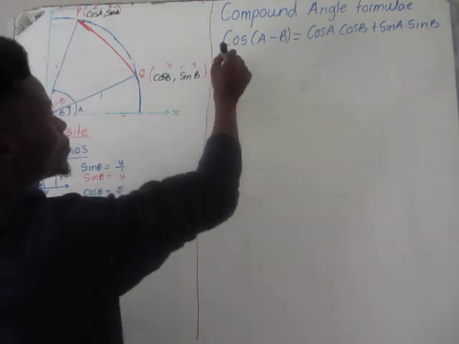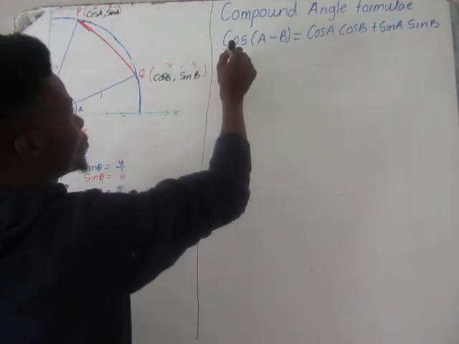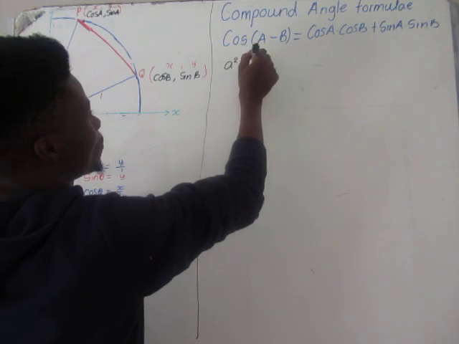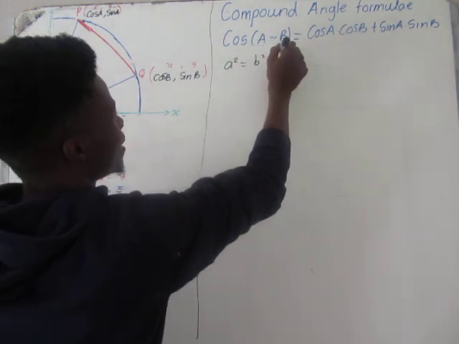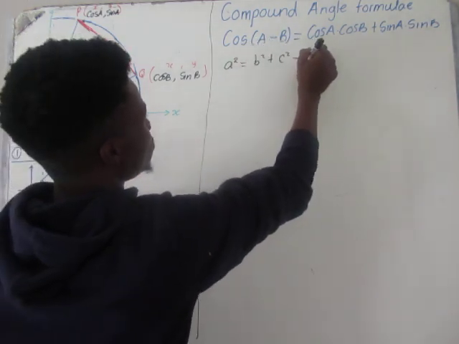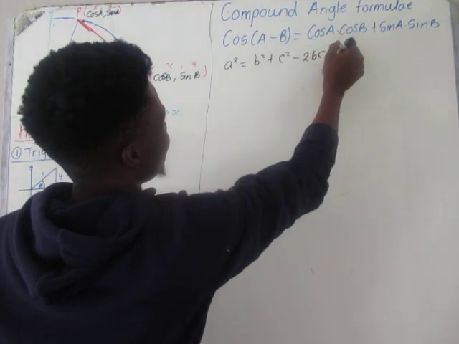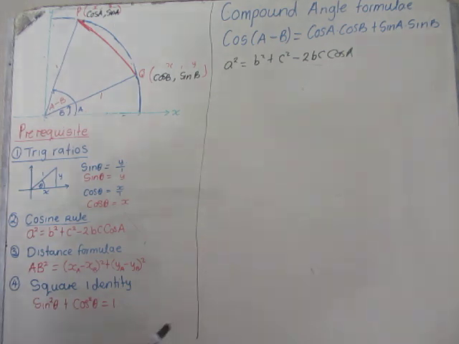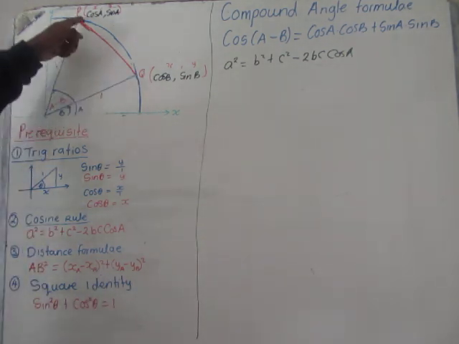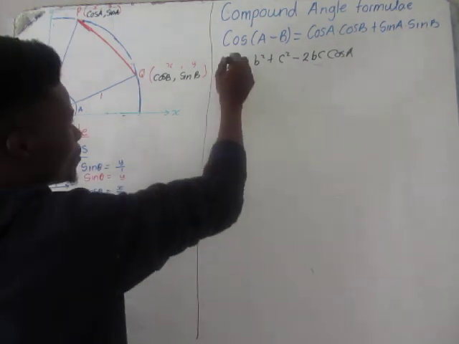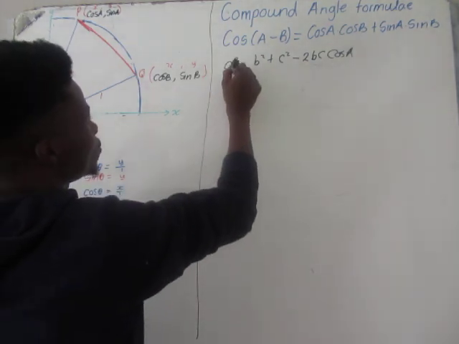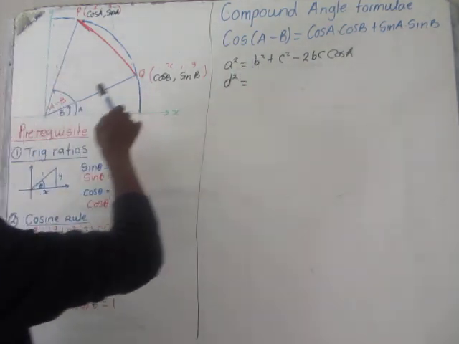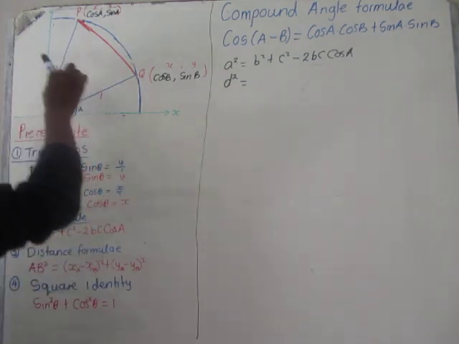A squared, being any side that you are looking for, equals the other side squared plus the other side squared minus 2 times these sides b, c, cos of A. In this regard, a squared just represents the side that I want, and I'm going to call it d, just to represent distance. So instead of calling it a, I'm going to say distance squared equals one of the sides, and the other side.